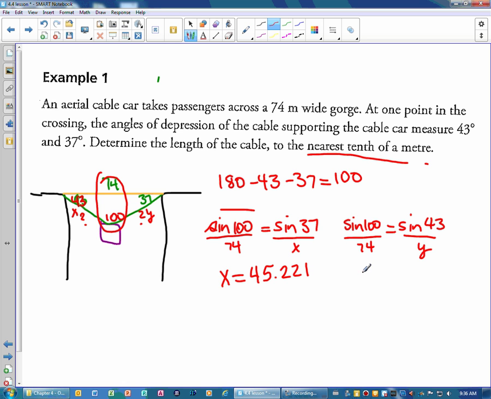Over here, y is going to come from 74 times the sine of 43 divided by the sine of 100. I get 51.246.